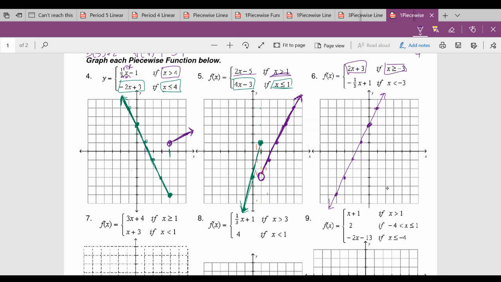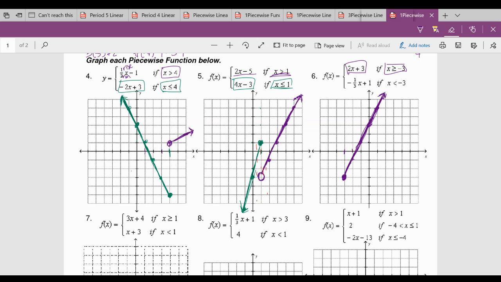So I look for negative 3. 1, 2, 3. It's greater than negative 3. So here's where it's negative 3. And it's anything bigger than that. So anything going to the right. So it's everything above negative 3. That means that I'm actually able to erase anything below.